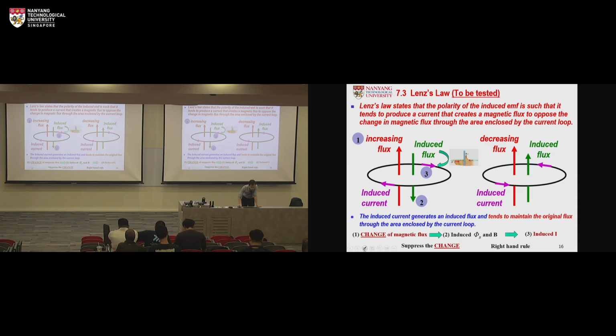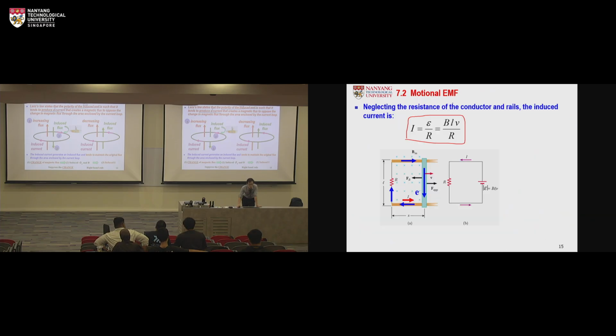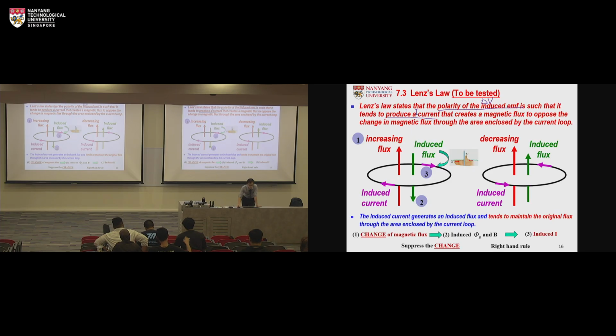First of all, if you look at the text statement, the so-called Lenz's law tells you the polarity of the induced EMF is always try to produce a current. So here is this delta V, and this delta V will generate a current, just like here. So this delta V will generate this I, and this I will then create a magnetic flux and magnetic field.